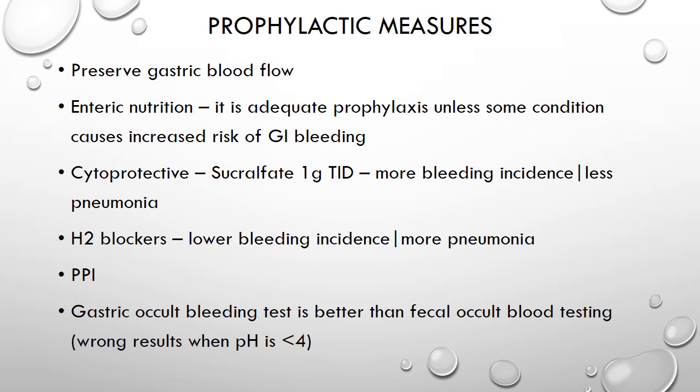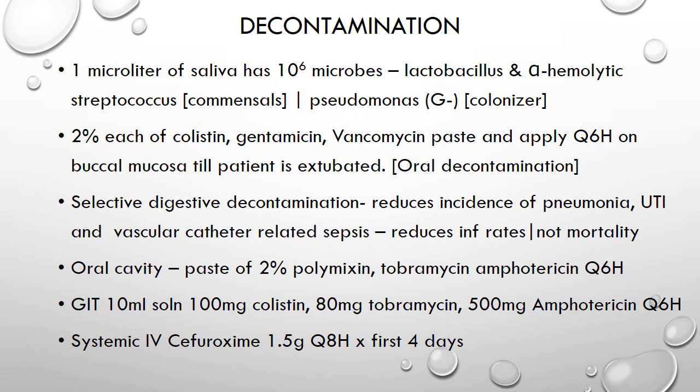PPIs are very commonly used, like omeprazole or esomeprazole in the ICU patients. We have observed that maintaining the gastric blood flow or cytoprotective agents can actually help against stress ulceration, because the fear is that once there is a stress ulceration, there is a bacterial translocation.